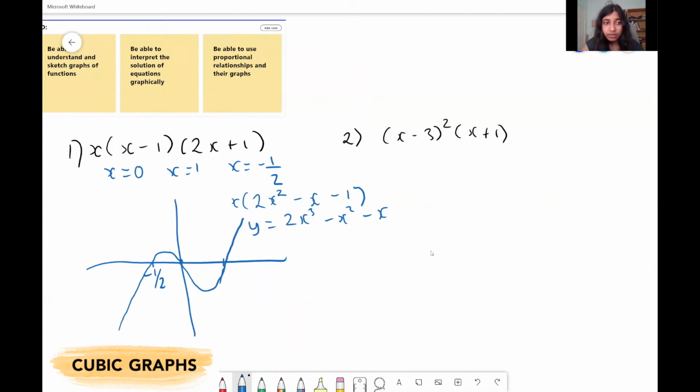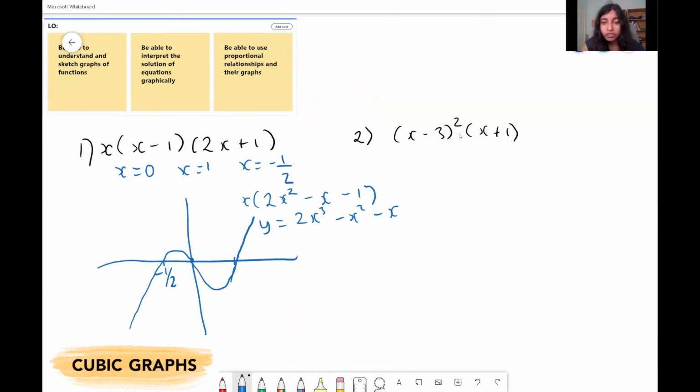So now if we move on to the second graph, which is x minus 3 all squared times x plus 1. Similarly, the places where it would cross the x-axis would be when y equals 0. So this would be when x equals 3 and when x equals minus 1.